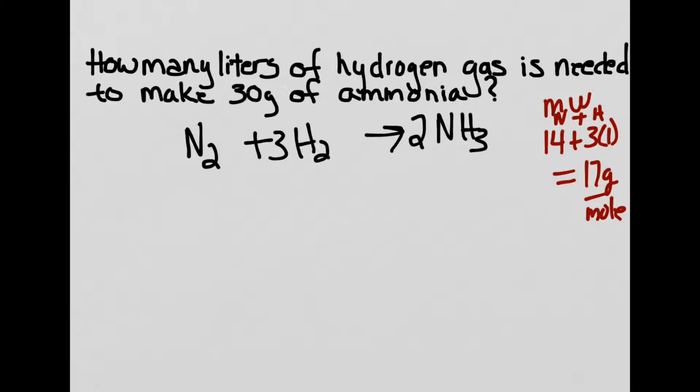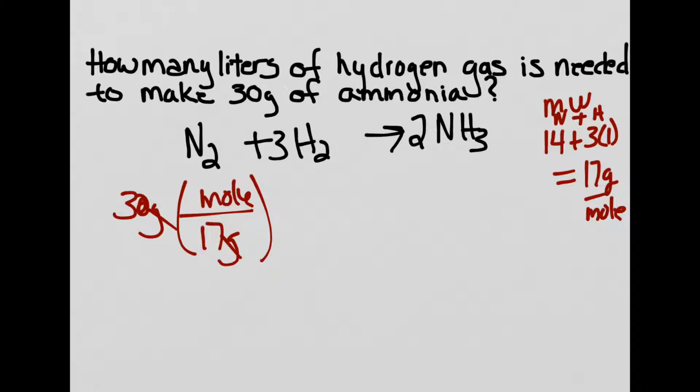So we are going to take our 30 grams of ammonia and we are going to divide by 17 or multiply by its reciprocal, 17 grams per mole. So our grams will cancel out. We're left with moles, which is what we want, and that will be 1.8 moles of ammonia.